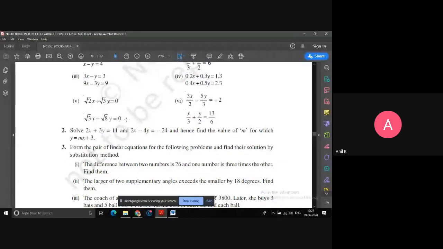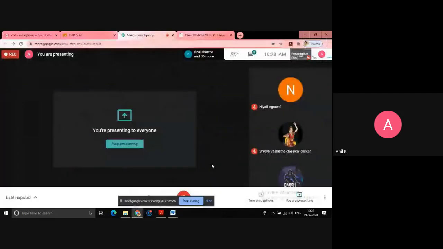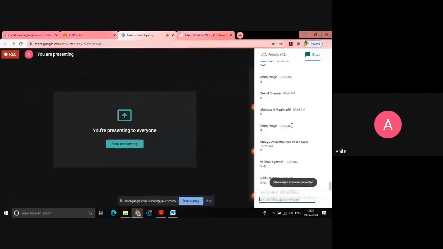For that, I need to have the first equation equals to 0, the second equation also equals to 0, and there are no constant terms. It should have only x and y terms. So in that case, whatever the coefficients of x and y, the values of x and y are always going to be 0. Can you remember that? Yes.